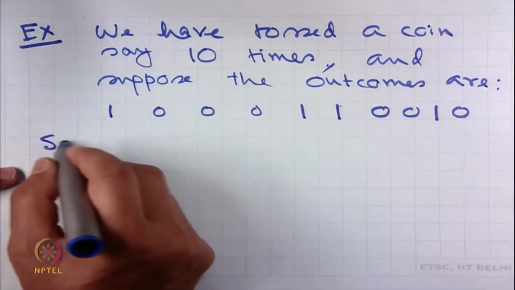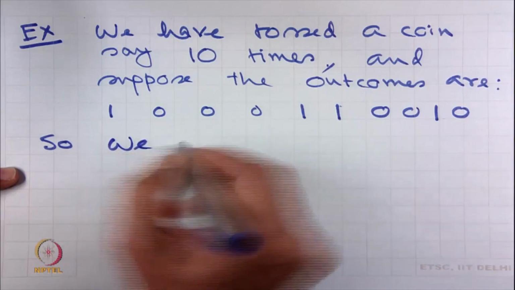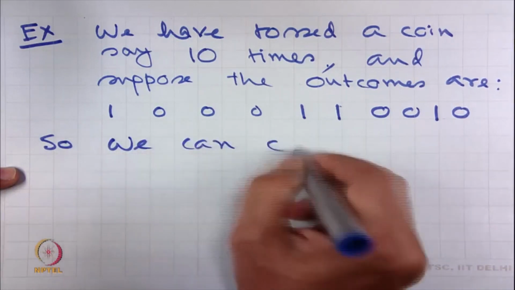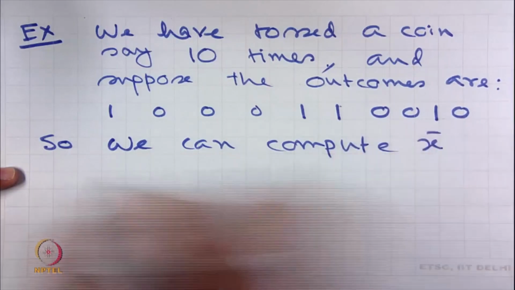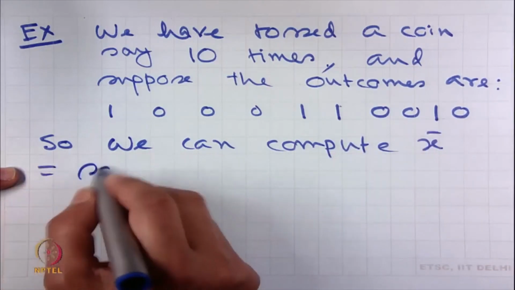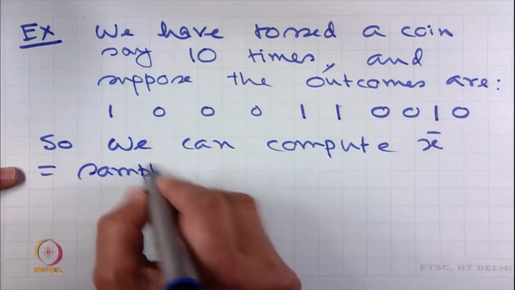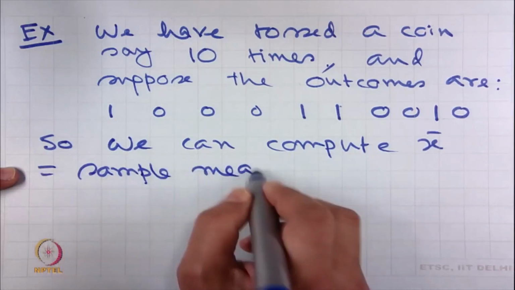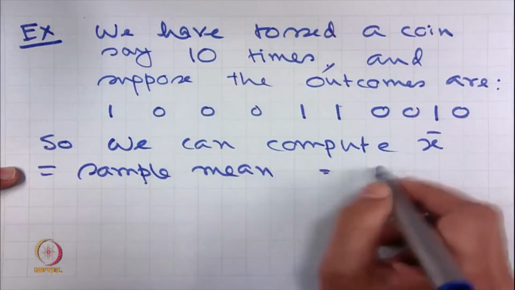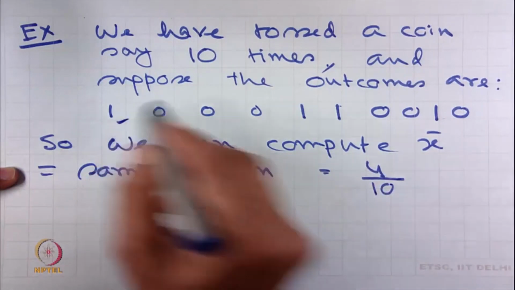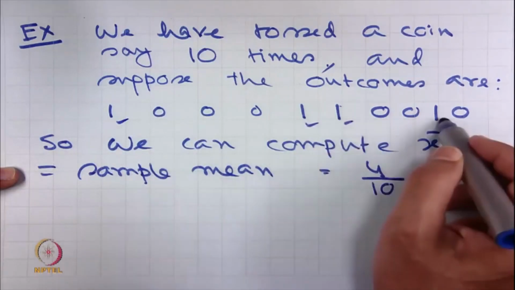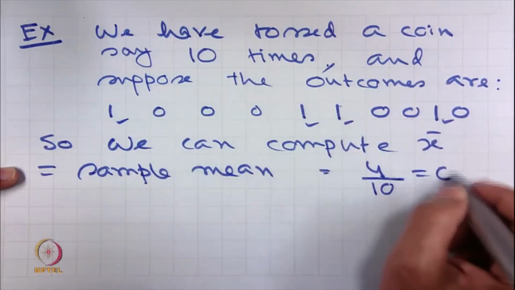So, we can compute x bar, the sample mean, which is equal to 4 divided by 10, 4 comes because there are 4 successes, which is equal to 0.4.